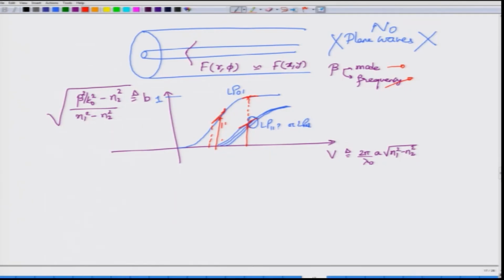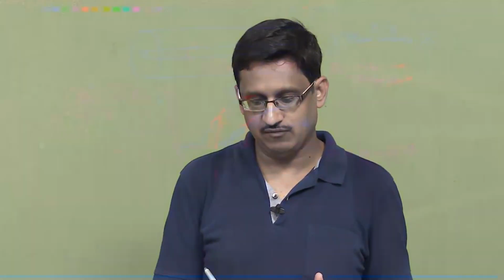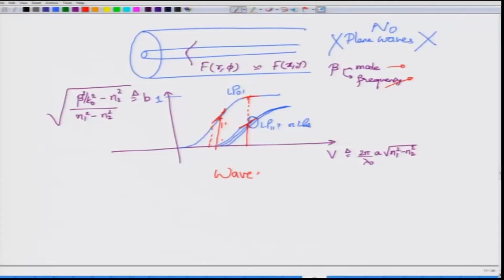So, you have these types of dispersion, which are the result of, instead of letting the light go as a plane wave, trying to confine that plane wave into certain guiding structures. This type of dispersion is called waveguide dispersion.